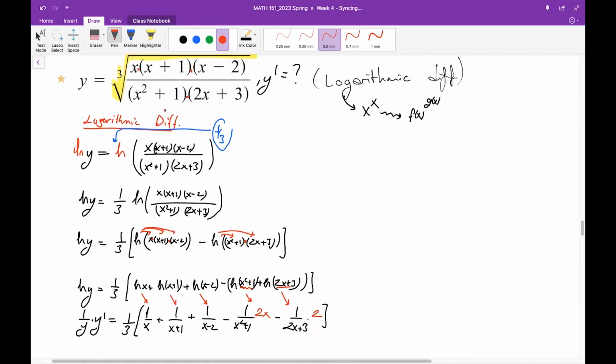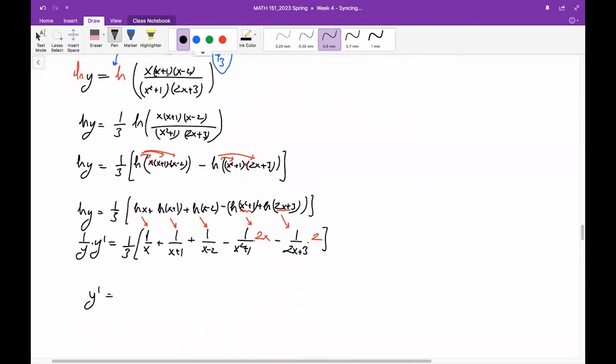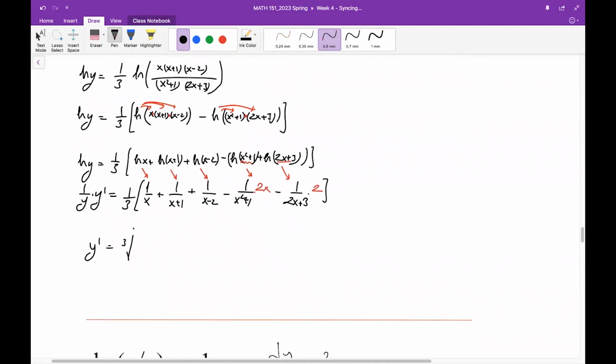And the y function was the cube root of something. Okay, let me write it. The cube root of x plus 1, x minus 2. I am writing y now, the given function y at the beginning. This divided by x squared plus 1, 2x plus 3.